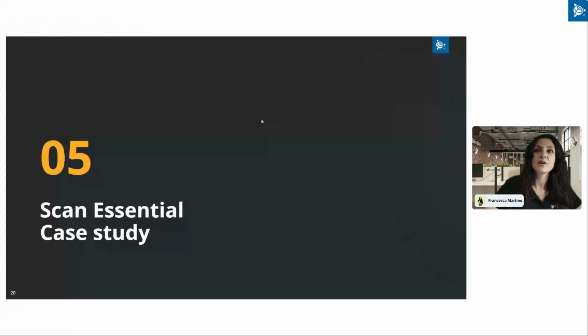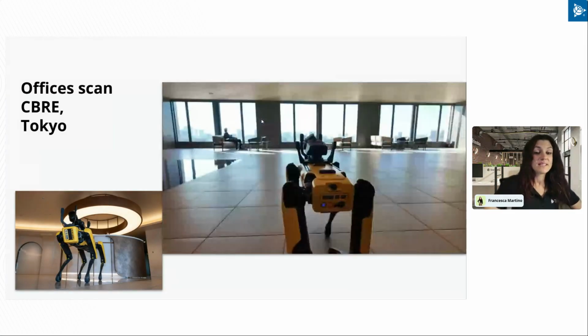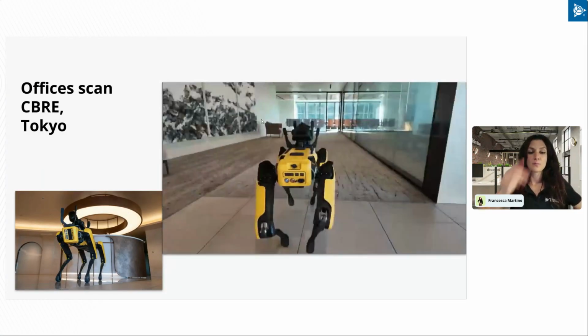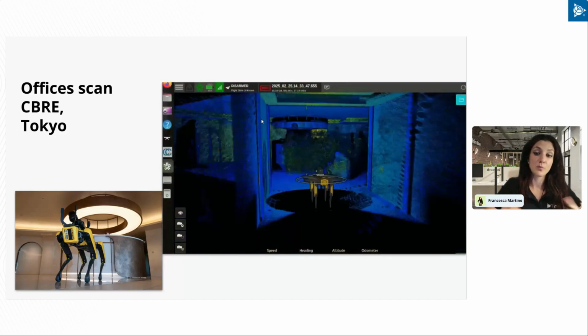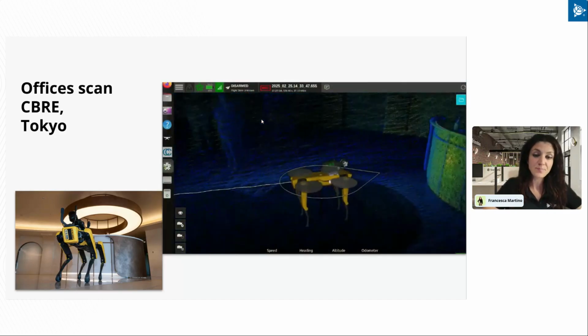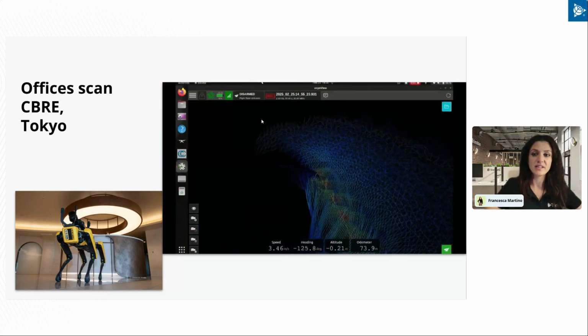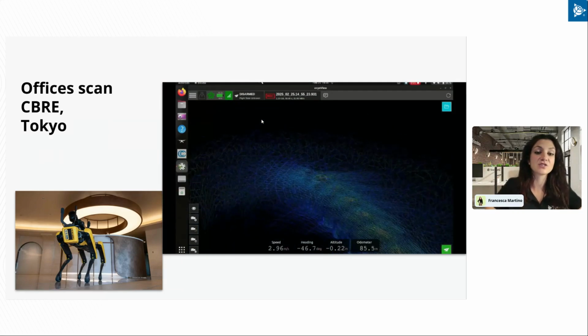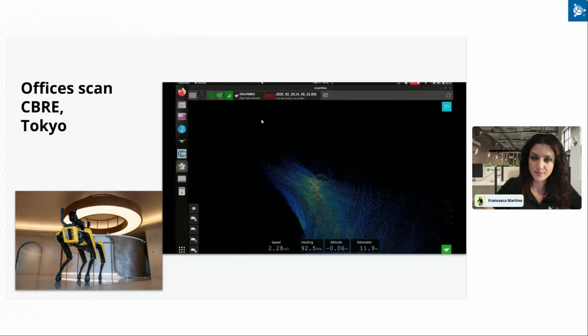Okay, now let's talk about our Scan Essentials case study. Let's see how companies actually use Scan Essentials. In this case, we're going to talk about a project by CBRE, which is a global leader in commercial real estate services. CBRE is a massive international organization composed of more than 155 professionals operating in over 100 countries.